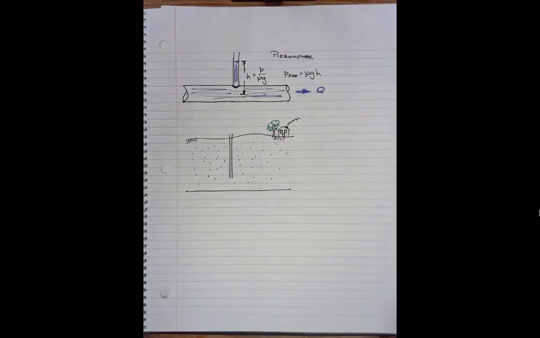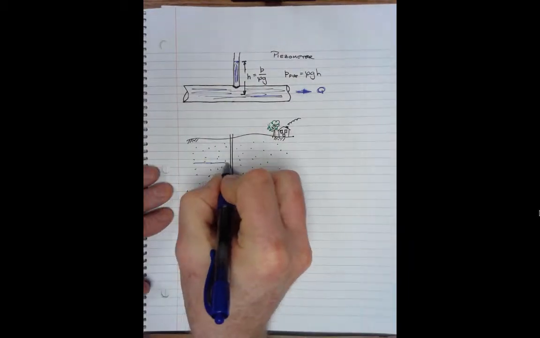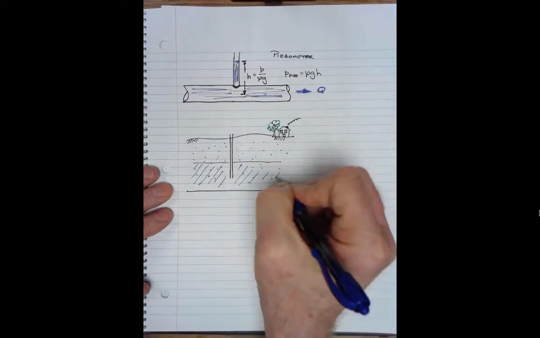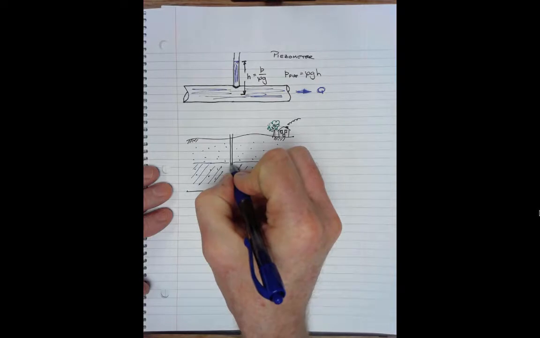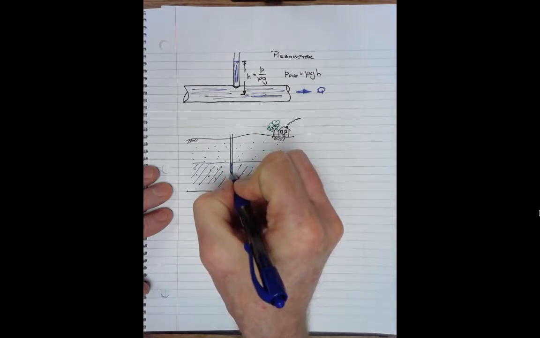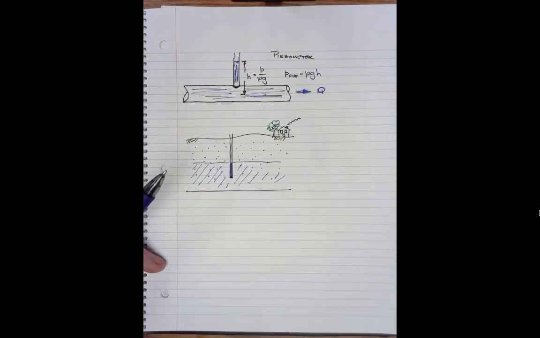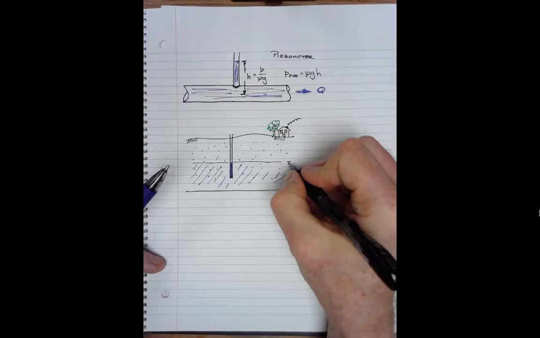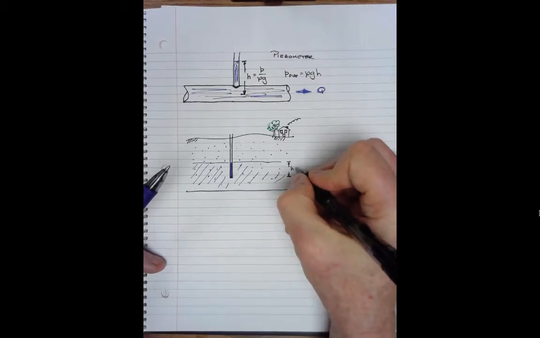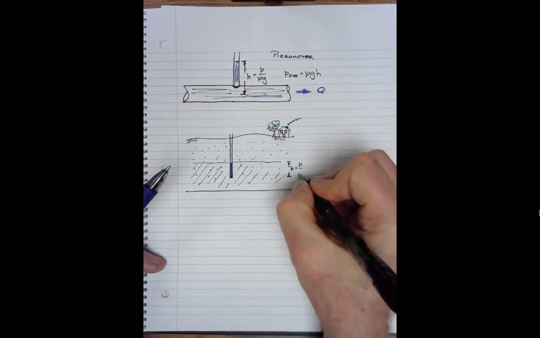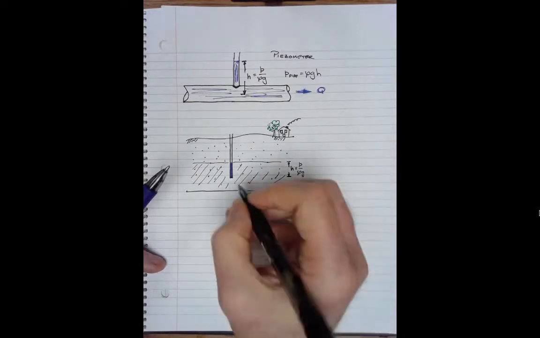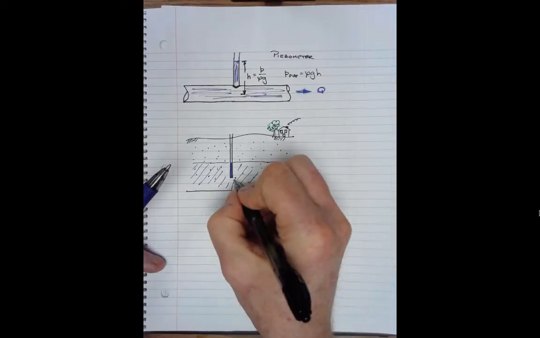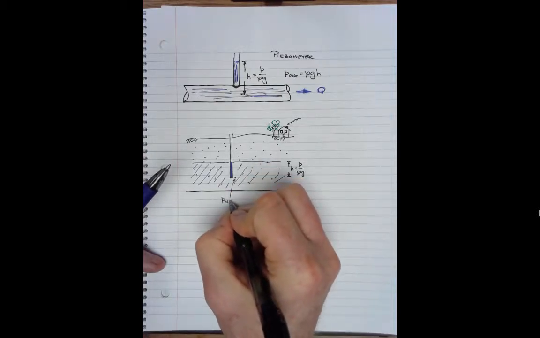Now if it's a tube as I've drawn it here, and maybe the water table is right about there, this distance in the tube, yes, you can think of it as a well. It's H equals P over rho g relative to this point. So it's measuring the pressure here.